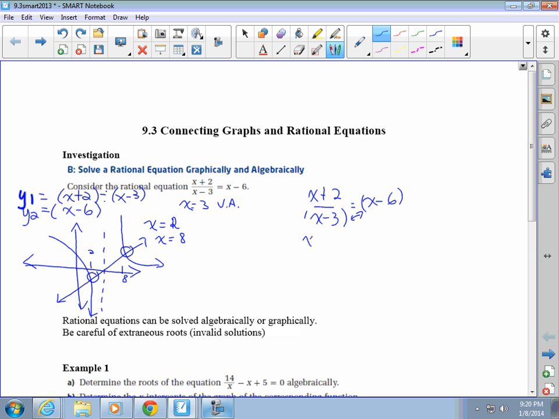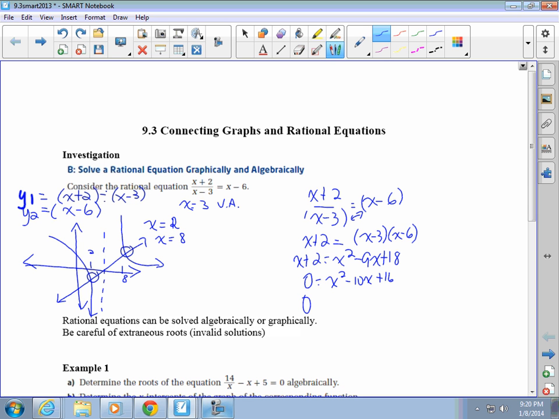I'll have x plus 2 is equal to x minus 3 times x minus 6. X plus 2 is equal to x squared minus 9x plus 18. If I bring everything over, I have 0 is equal to x squared minus 10x plus 16.